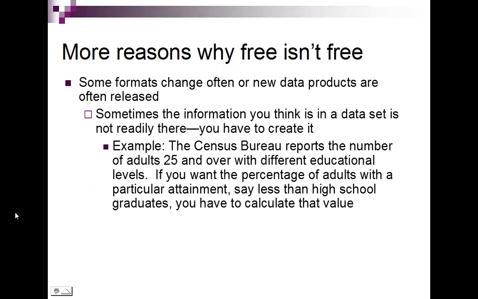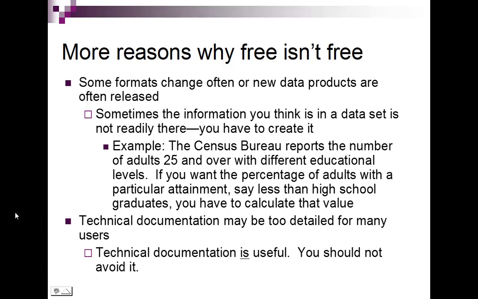Okay, some examples: the United States Census Bureau typically reports the number of people over the age of 25 for different education levels. So we have to go through and standardize that value or calculate that information. You need to be careful. Make sure you look at the technical information that tells you what we're looking at.